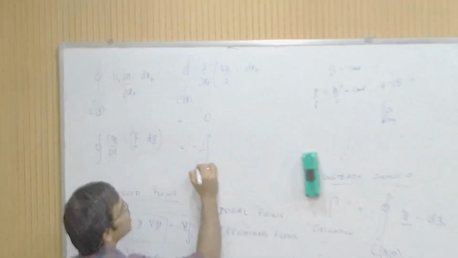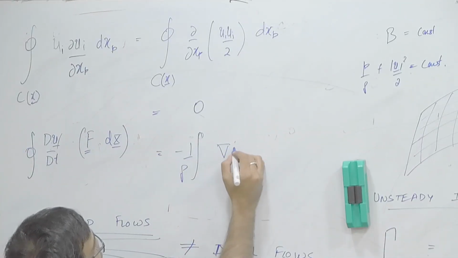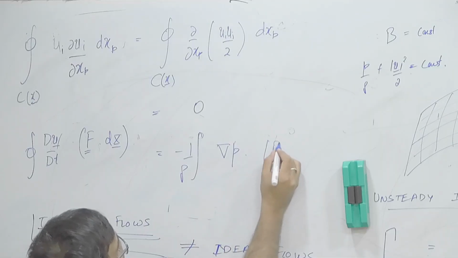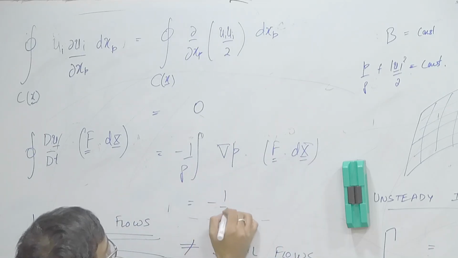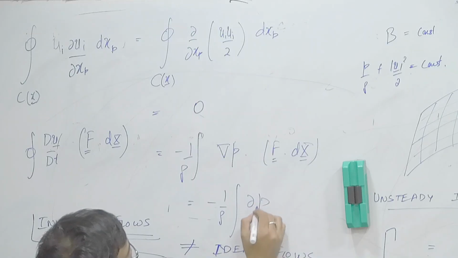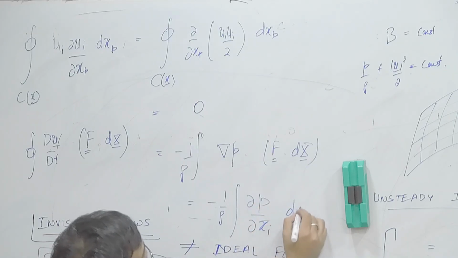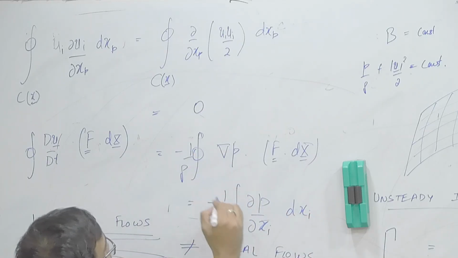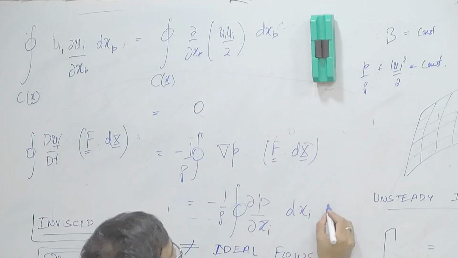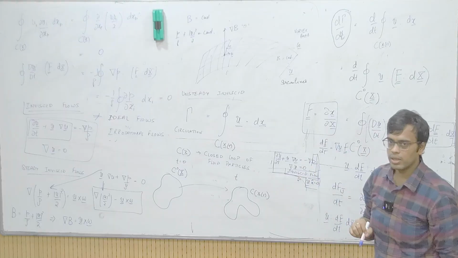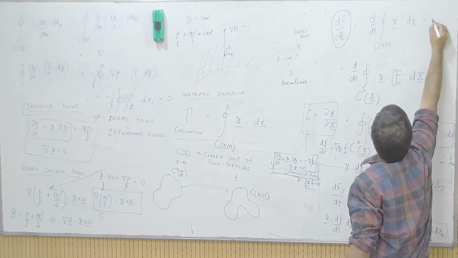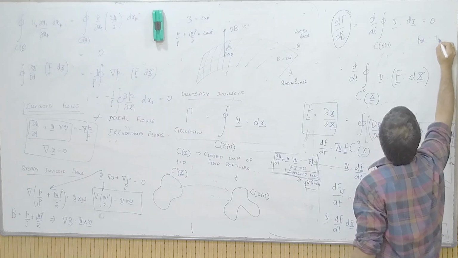So minus 1 by rho I can keep outside, and this becomes grad of p dot f dot dx, which is again minus 1 by rho del p over del x_i d small x_i over a closed integral, which is again 0. So that means for inviscid flows, the rate of change of this circulation is actually 0.